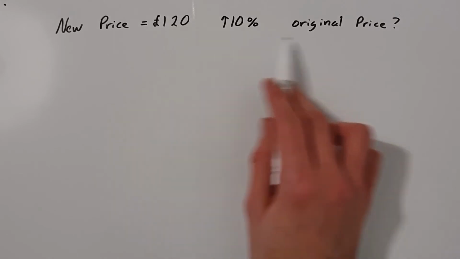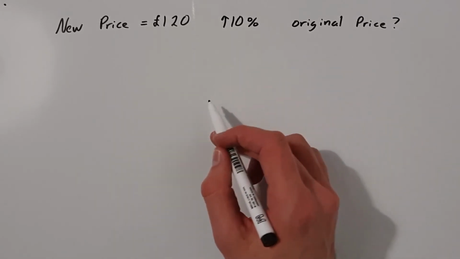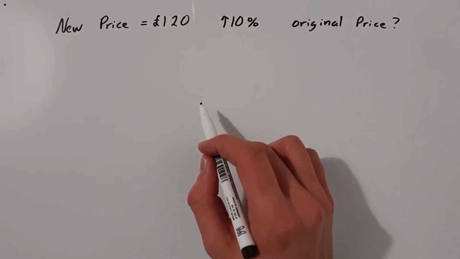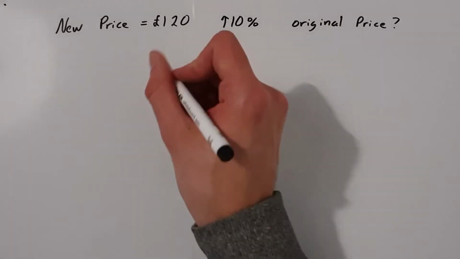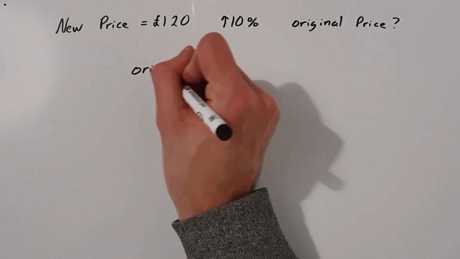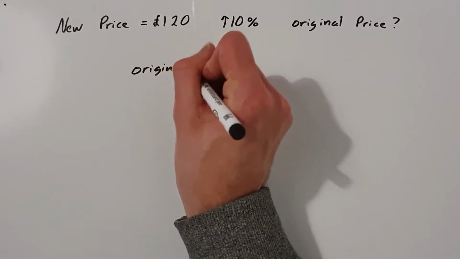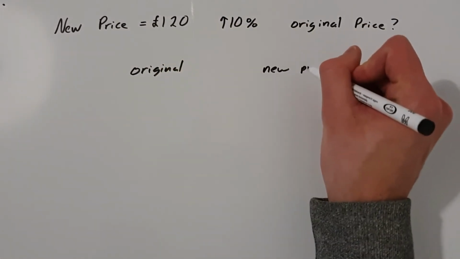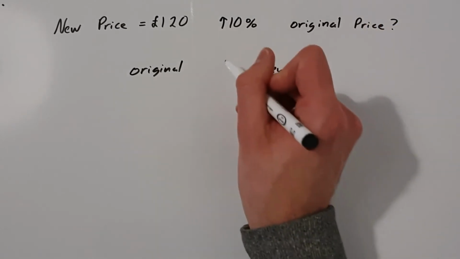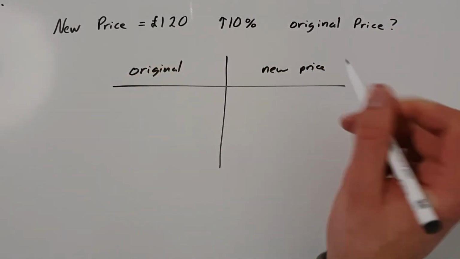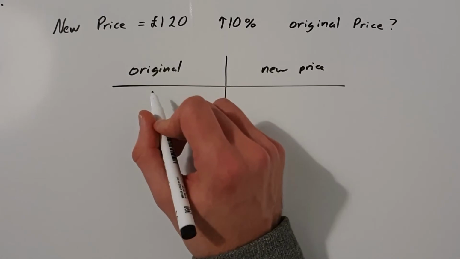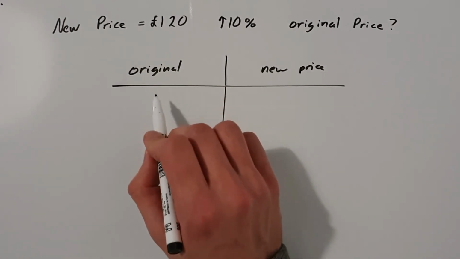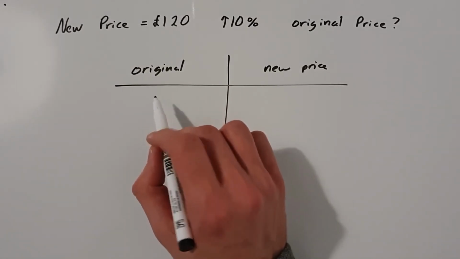Okay, so we can do these using the exact same method I showed you in the previous section with the table. Okay, so we have our original price, and we've got our new price over here. Right, we'll draw that table. And so remember, we always must have our original price as 100%.